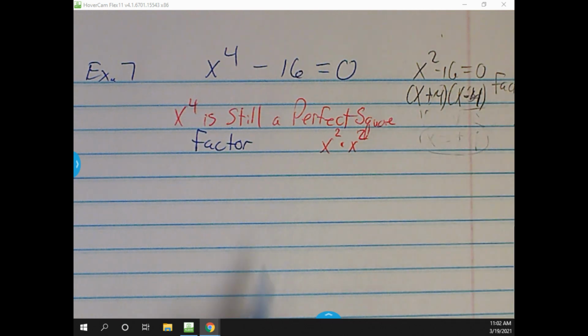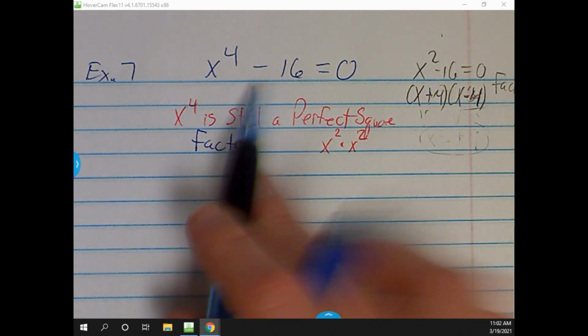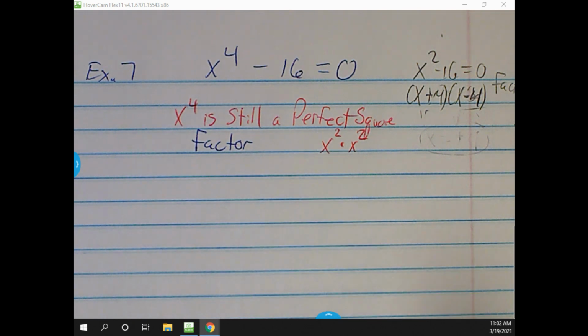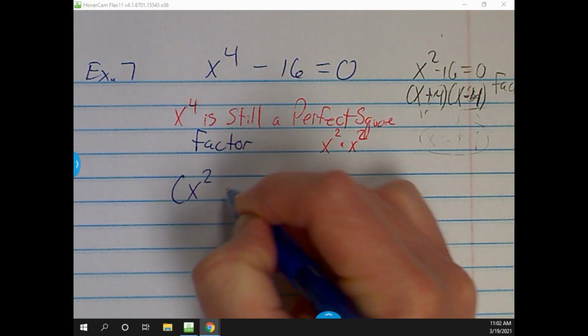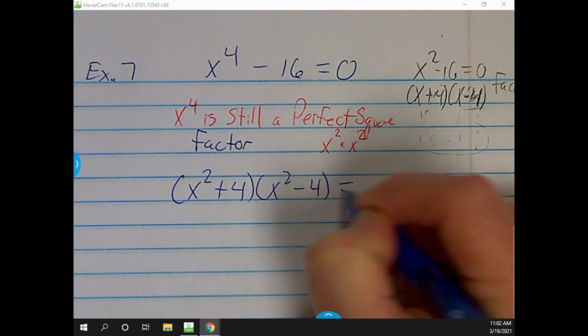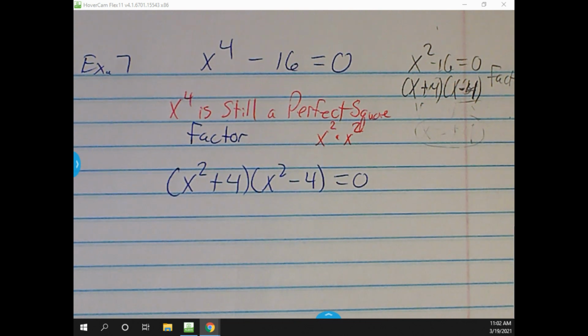The only difference is that this was x times x, this was 4 times 4. x to the fourth, if we break it up, is going to be x squared times x squared. So the factoring is going to look basically exactly the same. But instead of just x plus 4 and x minus 4, we're going to make it x squared plus 4 and x squared minus 4.